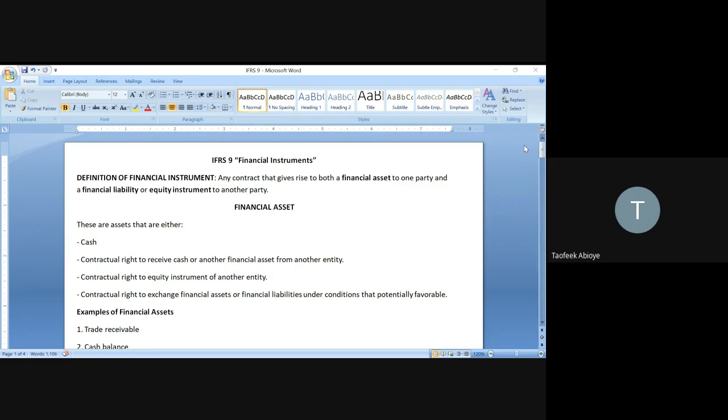What is the difference between the two? IAS 1 defines current assets as assets that are expected to be realized within one year. Although sometimes it's not applicable, it is expected to be realized within one year.